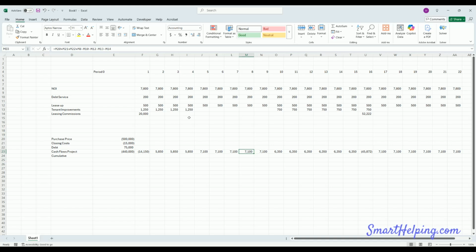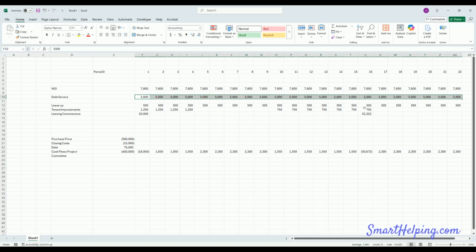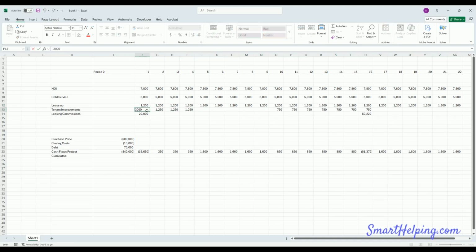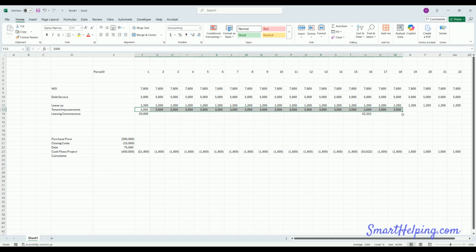Now let's raise this up a little bit because I want to show you, let's assume this is negative. These are a bit higher, maybe. Okay. So the project is seeing, well, we've got negative cash flows for the first 18 months, then we start to stabilize, and we can cover these expenses with our net operating income.